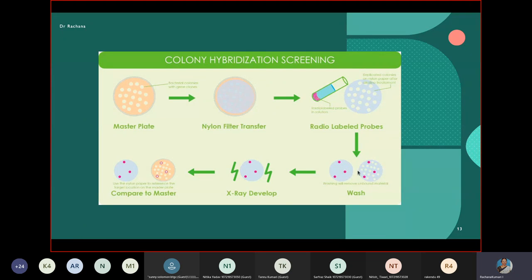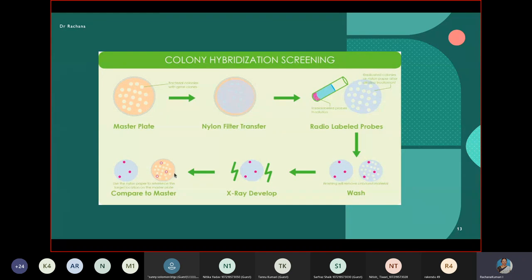So washing off, what did we do? We washed off the probe which was earlier used for fishing out the complementary sequences. Now this plate is exposed to X-rays. You click a photograph and this is how we can identify from the photograph that this, this and these are the clones which are consisting of our desired DNA.